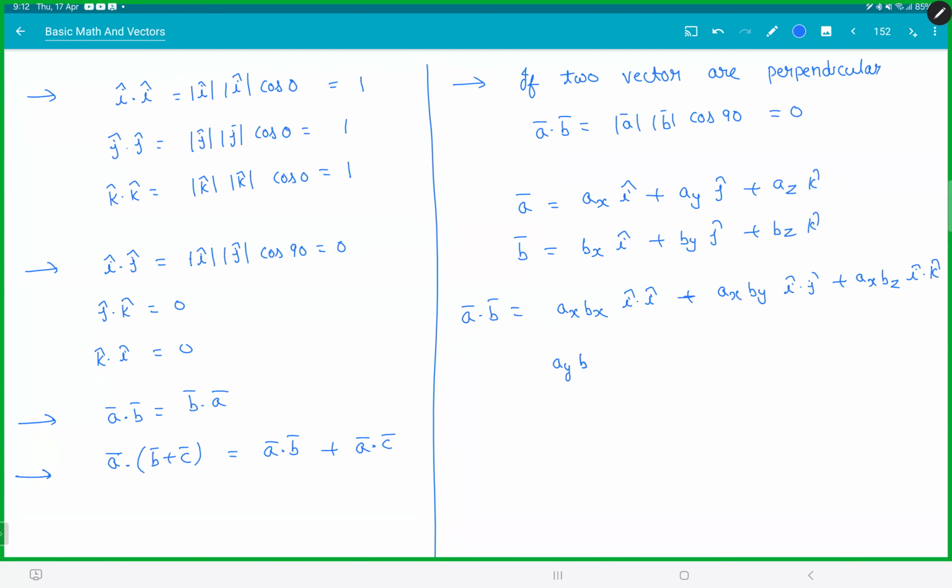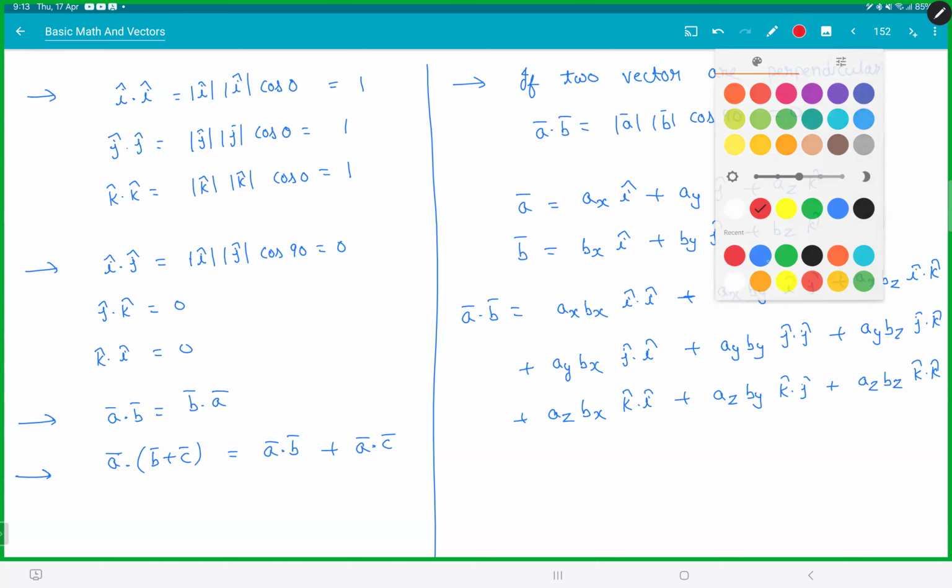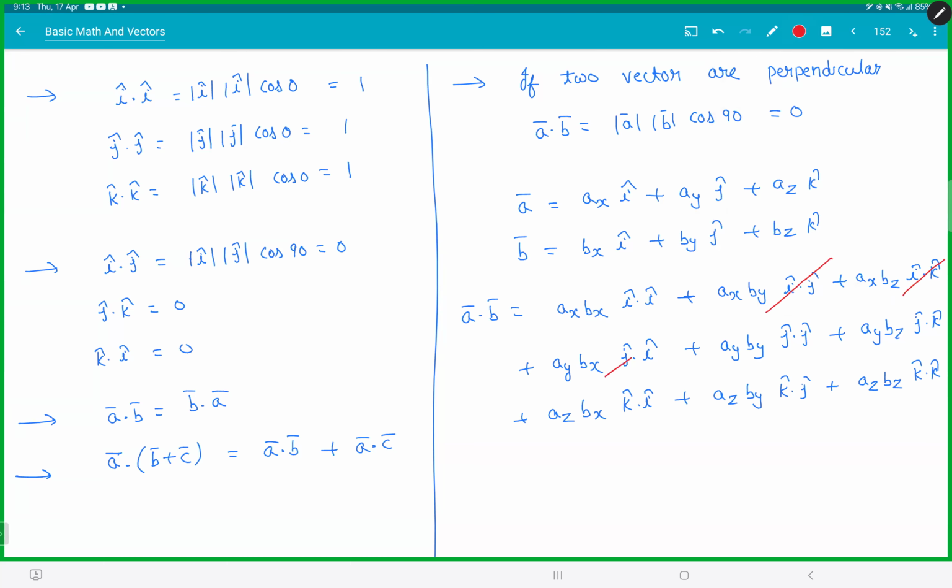This guy will be ay, bx, j dot I plus ay, by, j dot j, ay, bz, j dot k, az, bx, k dot I, az, by, k dot j, az, bz, k dot k. You can clearly see here, these terms are gone, 0, 0, 0, 0, 0, 0.